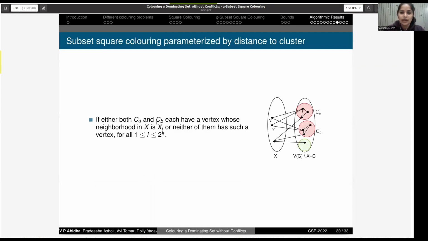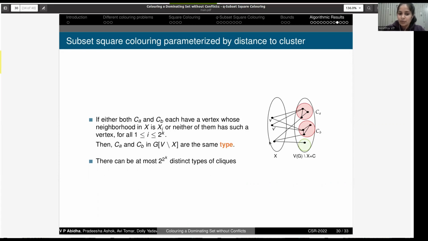For all i from 1 to 2 power k, if either both CA and CB each have a vertex whose neighborhood in X is Xi, or neither of them has such a vertex, then we say that these two cliques CA and CB are of the same type. Now there will be at most 2 power 2 power k distinct types of cliques.